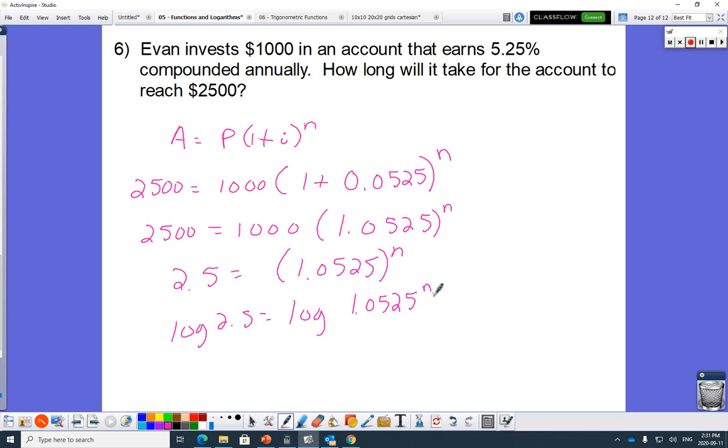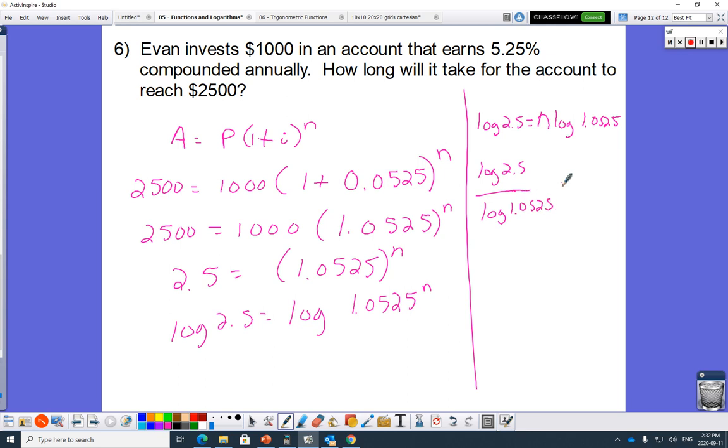Yeah, that's the nice thing about logs. That's their superpower, if you want. Exponent up here, you can bring it down. And then I just isolate log 2.5 over log 1.0525.